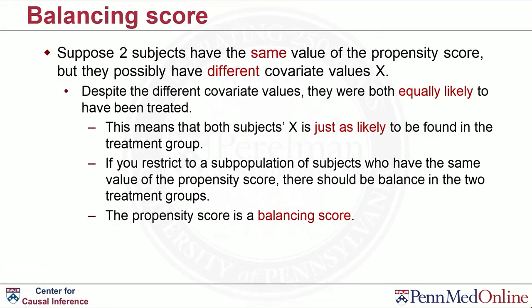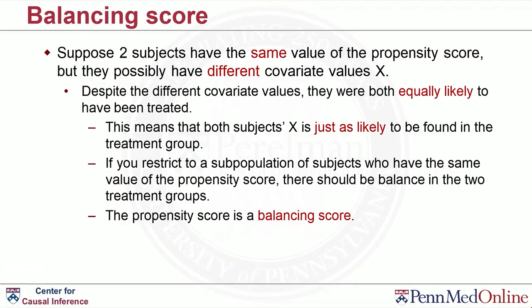In other words, multiple sets of x's could lead to the same propensity score, so the same probability of treatment. So imagine two subjects with different x's but the same pi of x. In that case, they're equally likely to be treated, despite having different covariate values x.